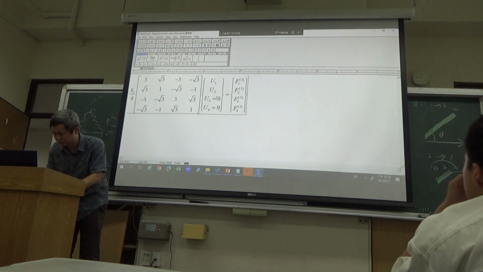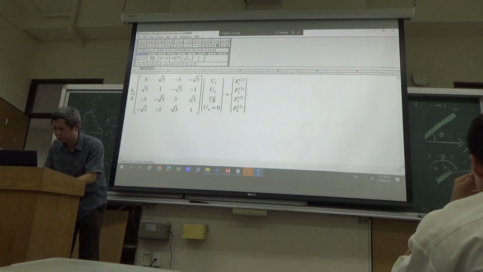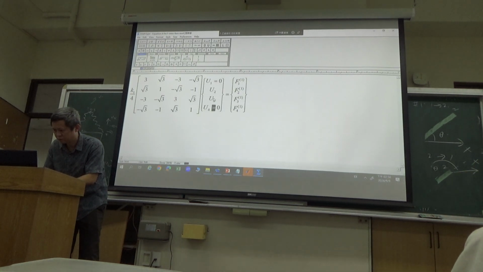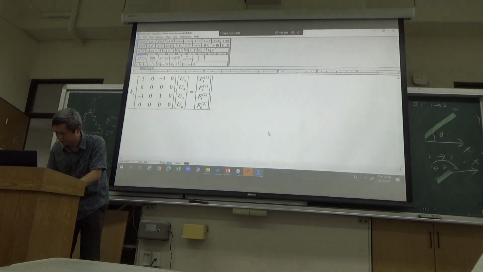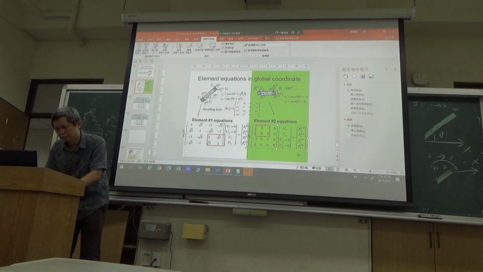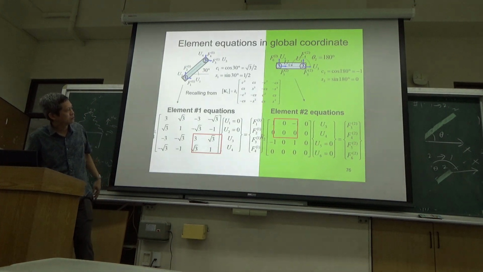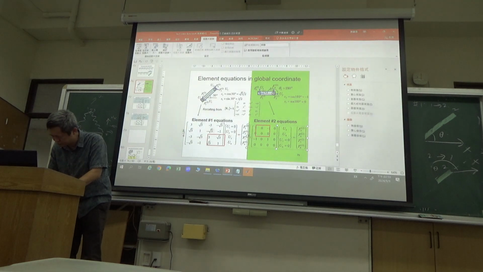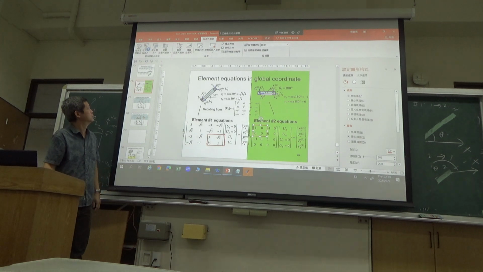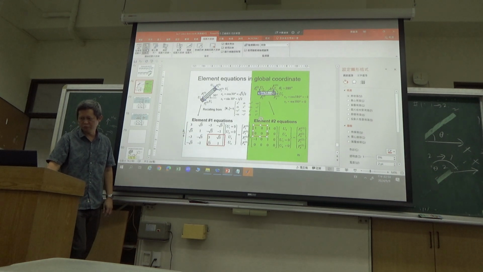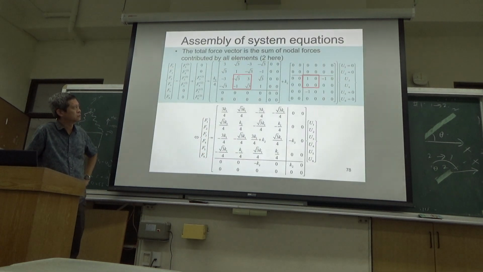Sorry, this is not the 3, 4 that is constrained, this is the 1, 2. So you are handling the non-zero terms.